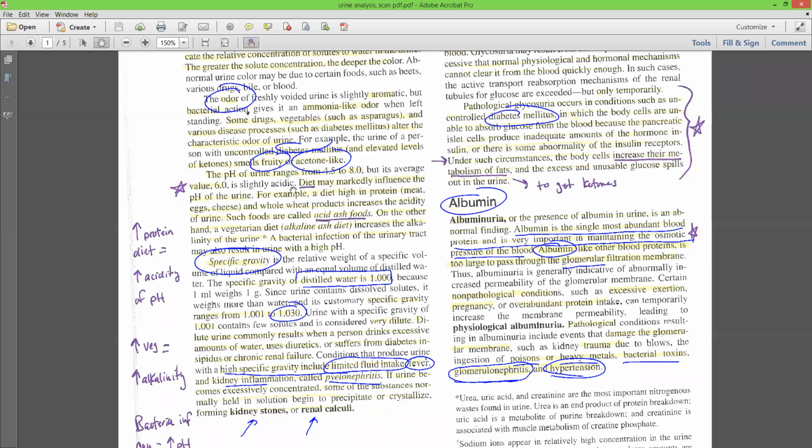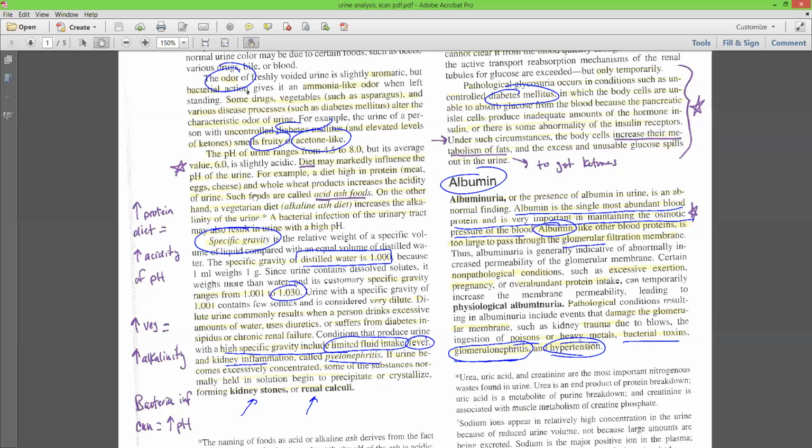So diet does influence the amount of acidity. Okay, if they have a high protein diet, that can change the acidity. If they're more on the vegetable diet, then they can have a more alkaline measurement.